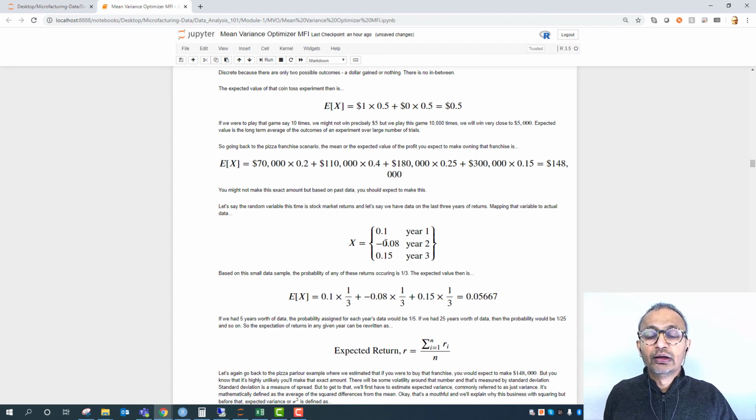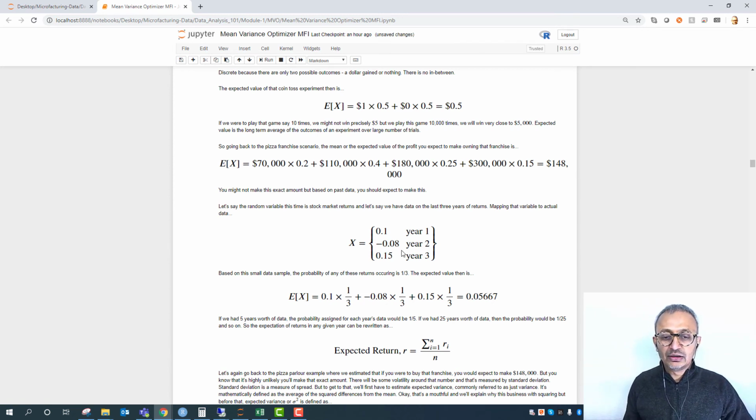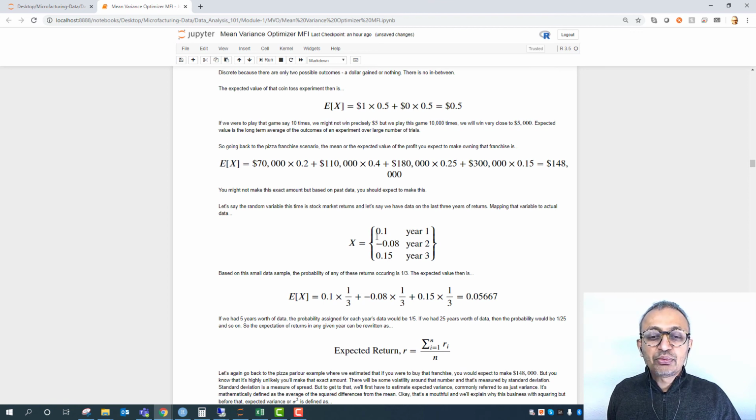In year 1 it made 10%, in year 2 it lost 8%, so 0.1 is 10%, minus 0.08 is losing 8%, and 0.15 is gaining 15% in year 3. So you mapped a random process of stock market returns to an outcome, which is these 3 data points.